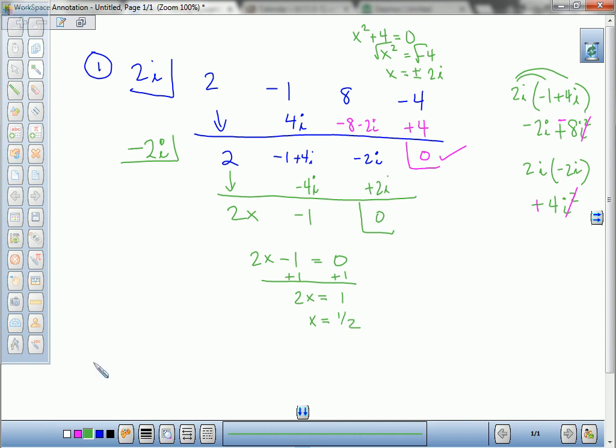So if I had to list all the roots of the equation, or zeros of the function, depends on how they word the problem, roots of the equation, zeros of the function, they're the same thing, it would be the 1/2, the 2i they gave me to start with, and then the negative 2i. There they are.